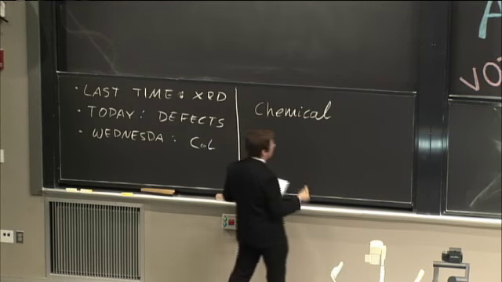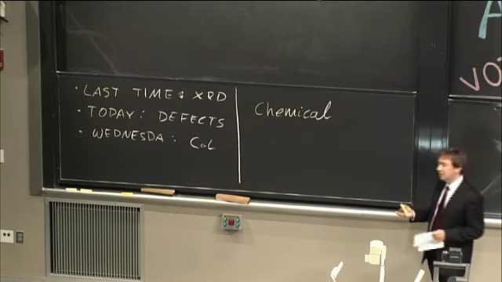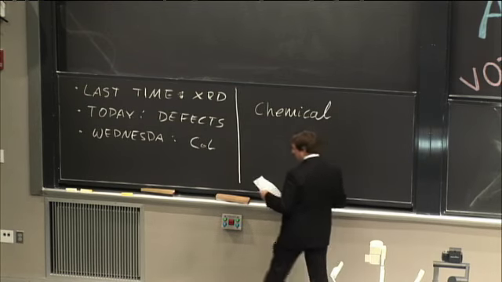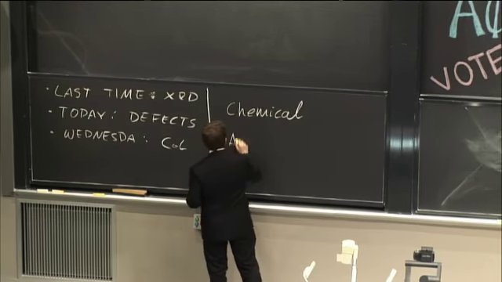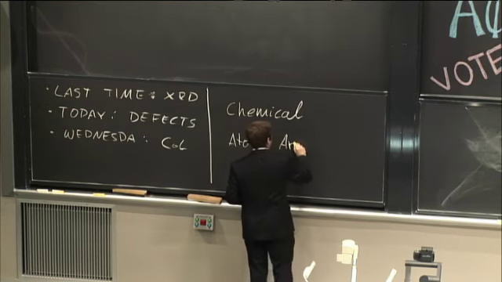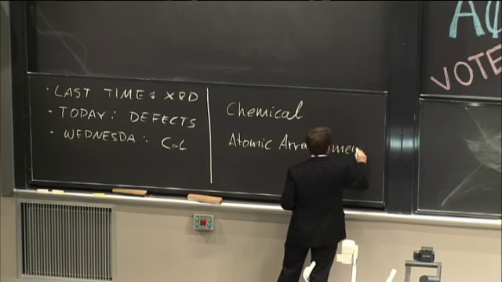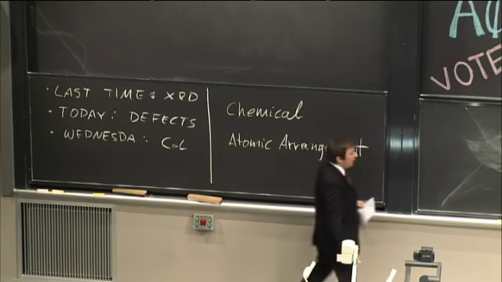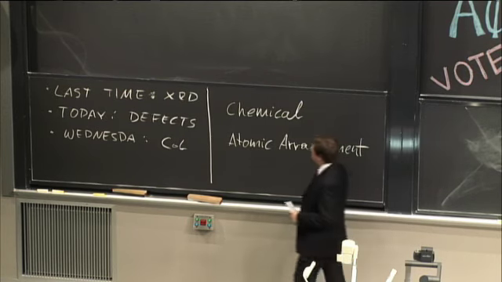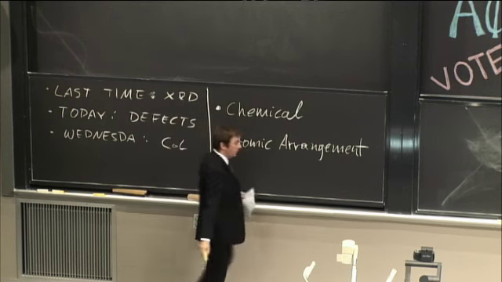But you can also have chemical imperfections. You can have impurities. You can have alloying elements. And we're also going to be talking about atomic arrangement. In the case of atomic arrangement, we're dealing with structure, right? Here we're dealing with chemistry. Here we're dealing with structure.